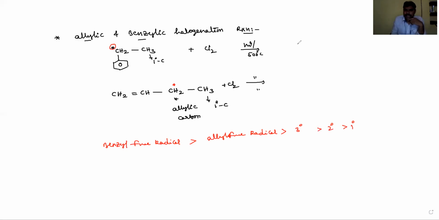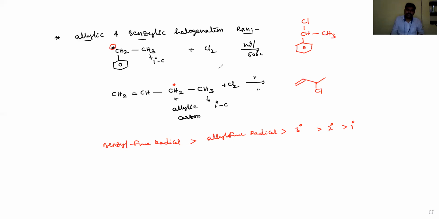Now the halogenation will take place, chlorination at the benzylic position, and here also chlorine will be substituted at the allylic and benzylic position. These are called allylic and benzylic halogenation reactions.